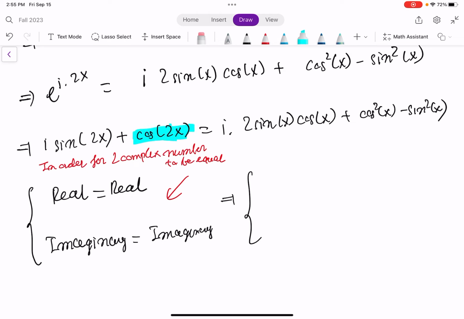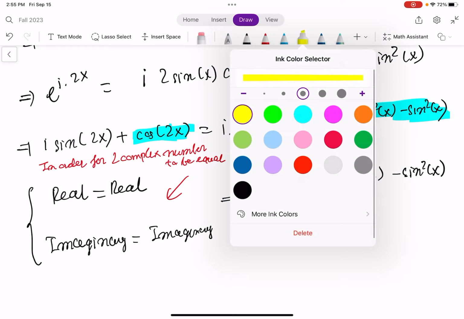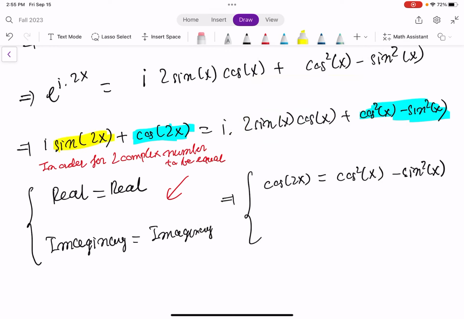Cosine 2x on the left hand side equals cosine squared x minus sine squared x on the right. So cosine 2x equals cosine squared x minus sine squared x. And what is the imaginary part? It's sine 2x on the left and 2 sine x cosine x on the right. So sine 2x equals 2 times sine x cosine of x.